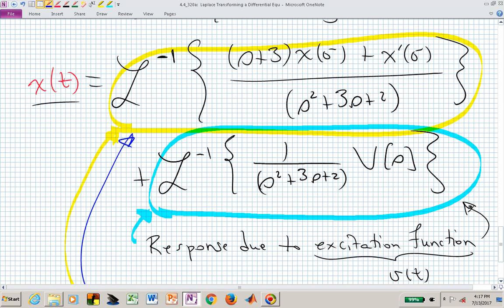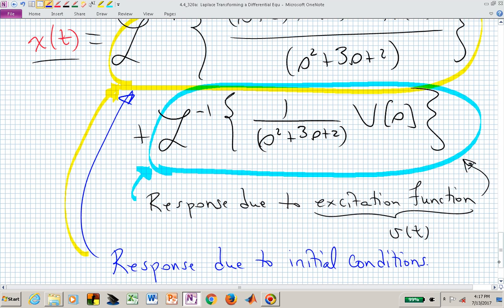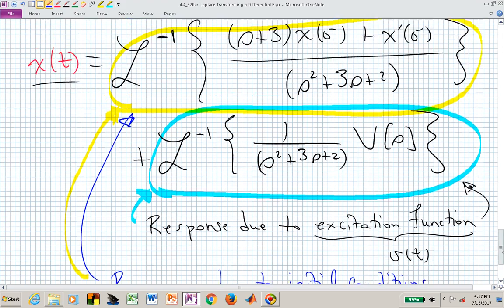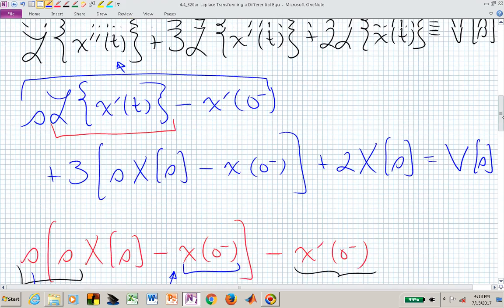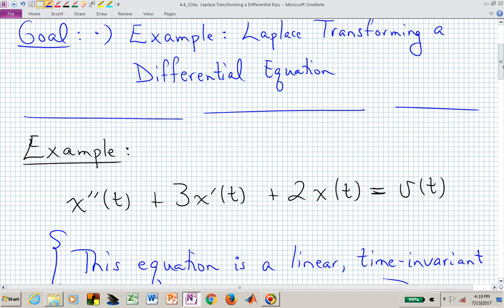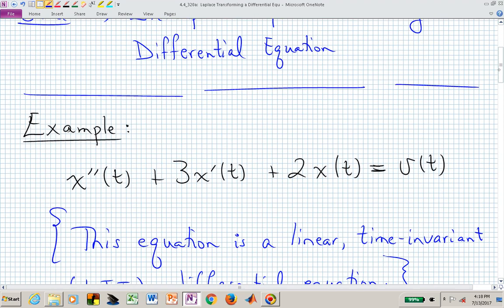If we had zero initial conditions and only an excitation, we would have the blue highlighted piece making up our answer or waveform in the time domain, little x of t. And remember, x of t is the solution to this second order differential equation. And we'll become more and more comfortable with that.